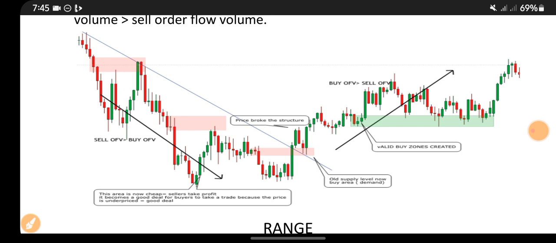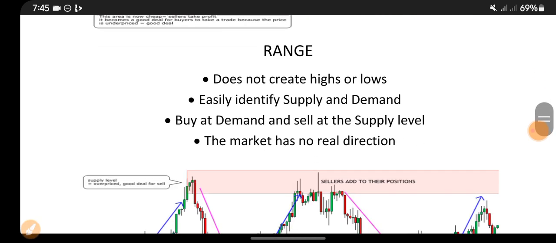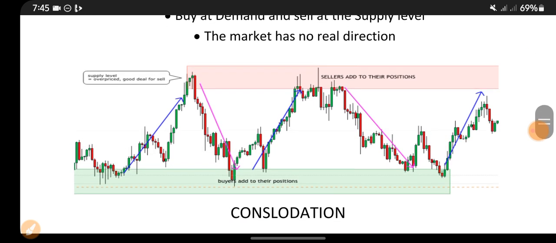Now, after downtrend, after uptrend, we have the ranging market. In the ranging market, we don't have any series of higher highs or higher lows or lower highs or lower lows. It gives you equal highs and equal lows.